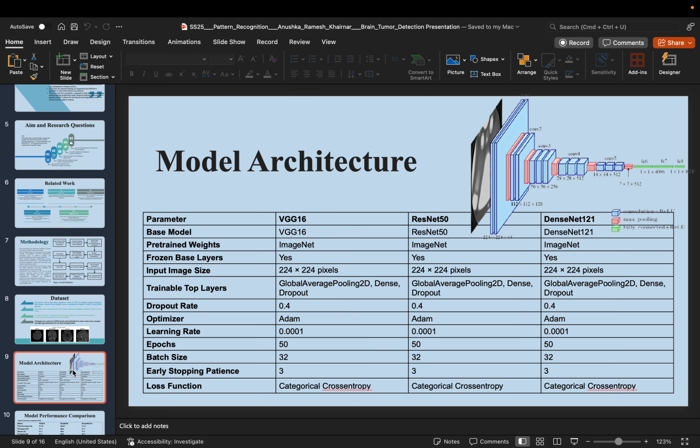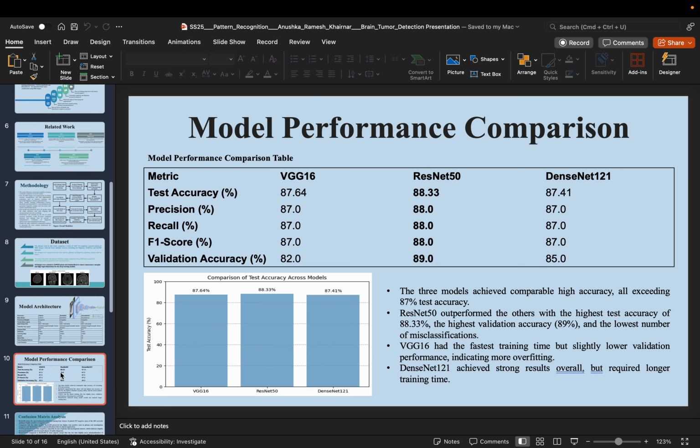Now we'll go to the next slide, model performance. Just see, this is a very important slide. Here we can see how these models are working and what their performance is. All three models exceeded 87% test accuracy.